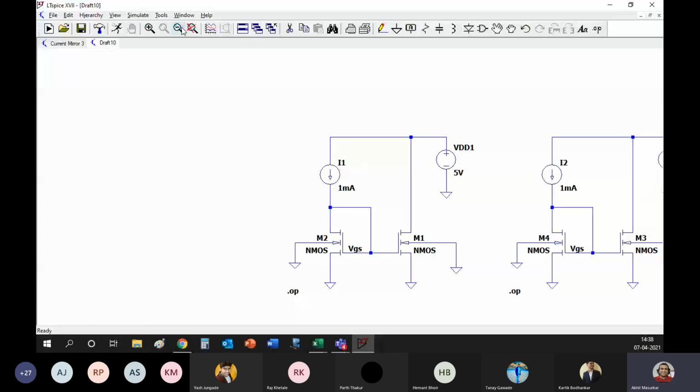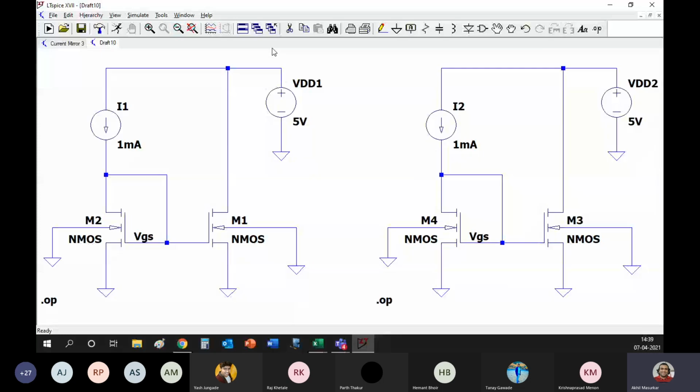Now, last time we had seen cascoding in our class, and we said that cascoding overcomes the effect of channel length modulation. So what we will do here is, first we will put a cascode transistor. I am cutting this, which we will require.